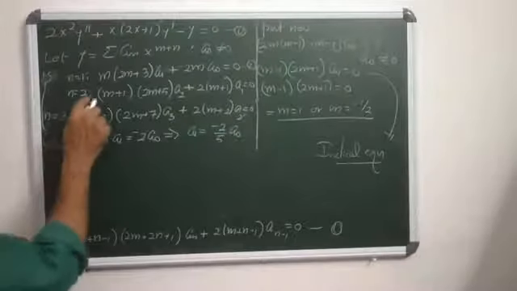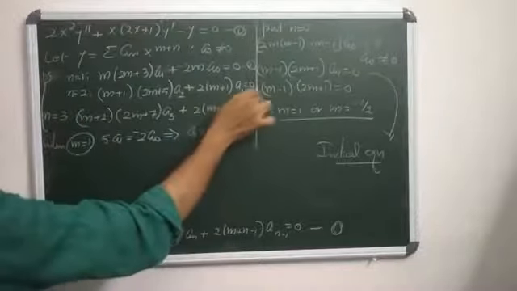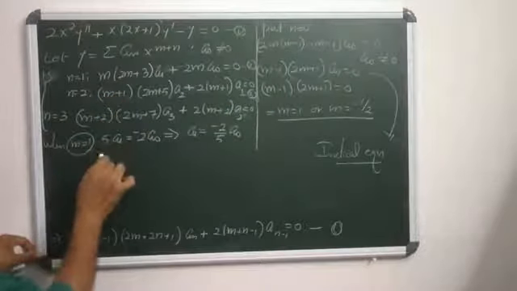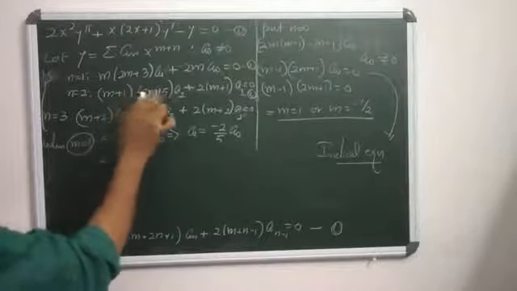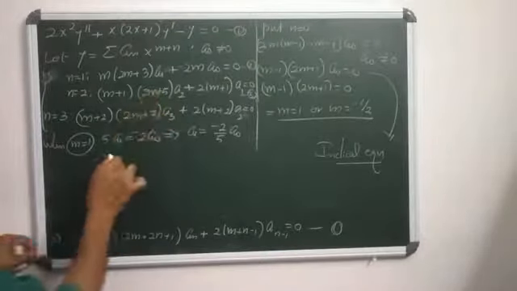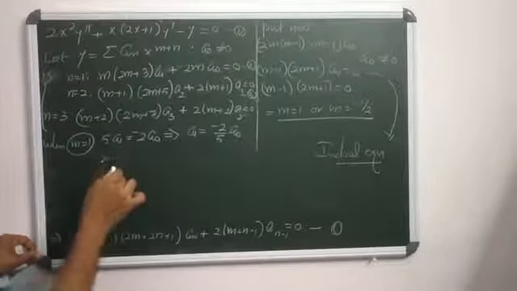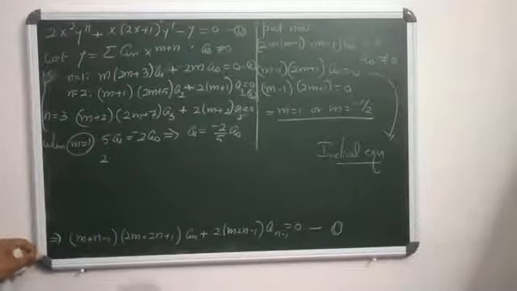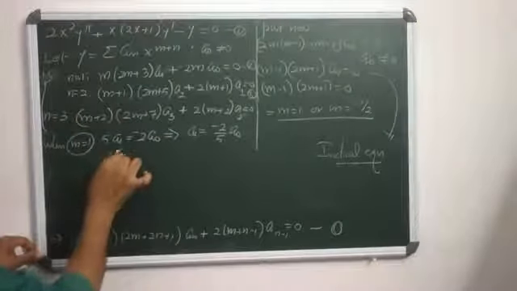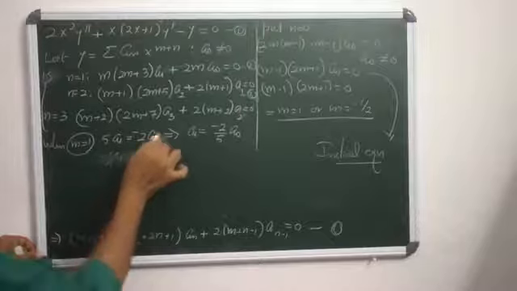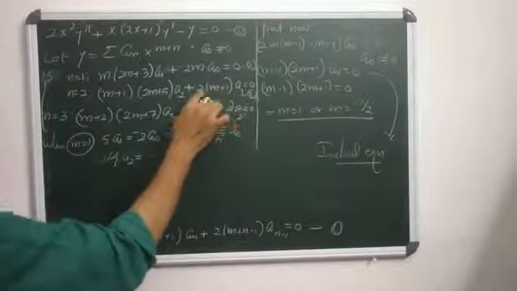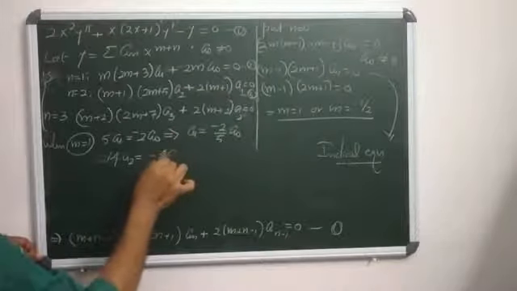Now when m equals 1 in the next equation, what do I get? When m equals 1, it is 2 into 2m plus 5, which is 7. So 2 into 7 a2, that is 14 a2 equals minus 2 into m equals 1, so it is minus 4 a1.